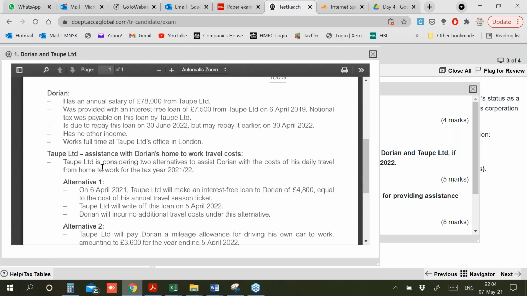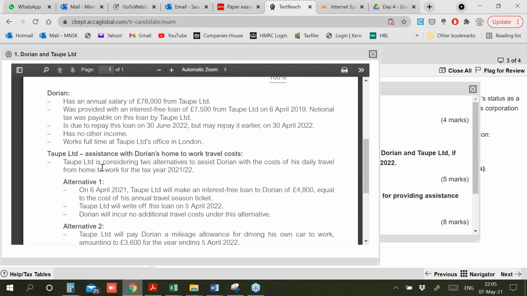If you travel from your office to your temporary place of work or to meet any client and come back to the office, this commute will be considered as work travel, and your employer can compensate you, and it will not be a taxable benefit as long as he pays you up to the statutory mileage allowance. But if he pays you to come to work from home, this will not be regarded as business travelling, so it will be a taxable benefit. You should keep this in mind in both alternatives.